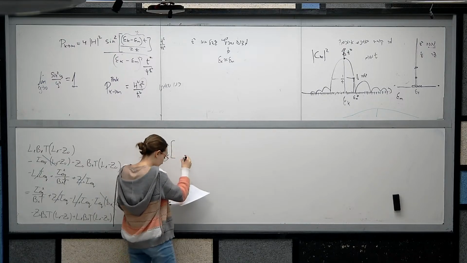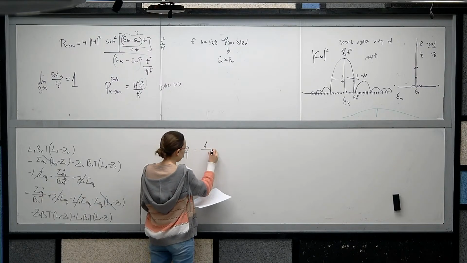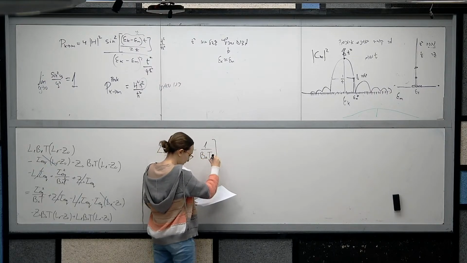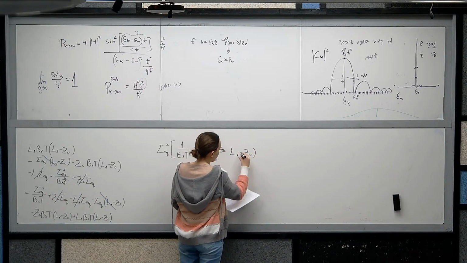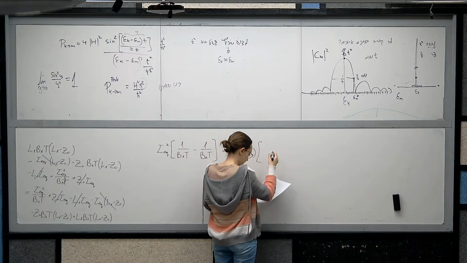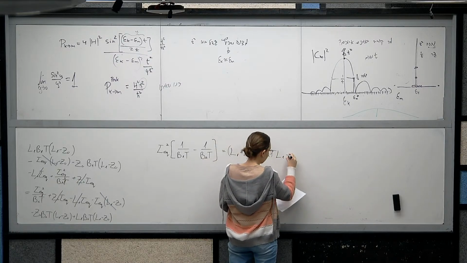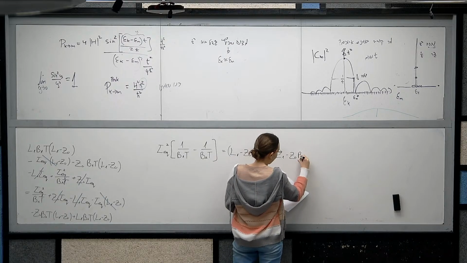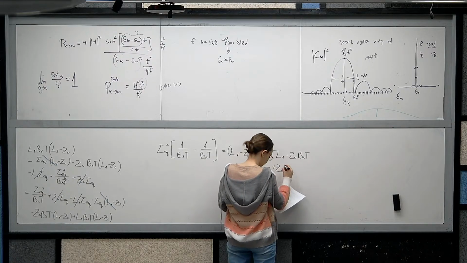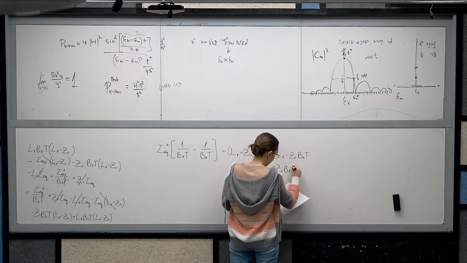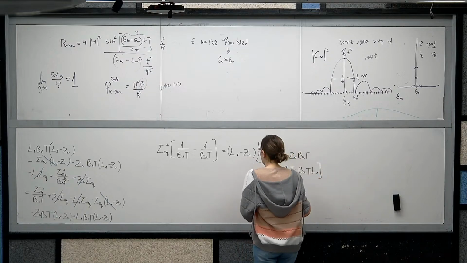So we have tau squared, and we have 1 divided by B1t minus 1 divided by B2t equals L1 minus Z0 times B2t L1 minus Z0, B2t plus Z0, B1t minus B1t, L1.